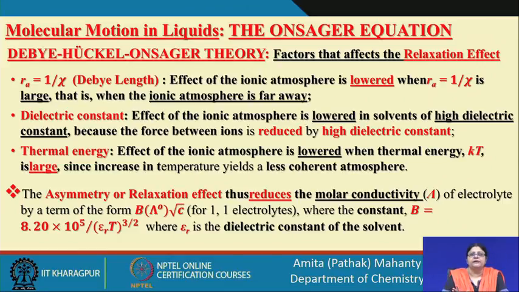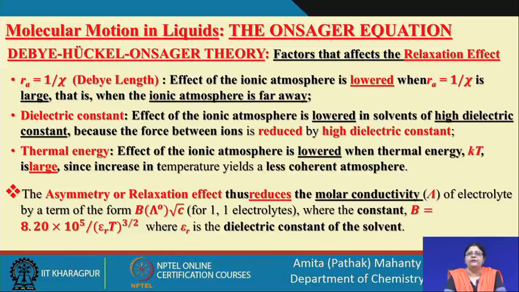Okay. So, the radius is the distance from the central ion to the haze of the counter ions. If this radius is high, what does it mean? The ionic atmosphere is far away. Okay, the distance is high. So, when the ionic atmosphere is far away, the effects caused by the ionic atmosphere should reduce, right.